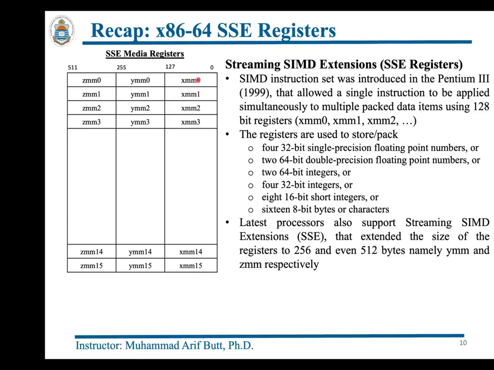And these registers are used to store or pack 4 32-bit single precision floating point numbers or 2 64-bit double precision floating point numbers or 2 64-bit integers or 4 32-bit integers or 8 16-bit short integers or 16 8-bit bytes or maybe characters. And this is how SIMD instruction worked on these packed data items.